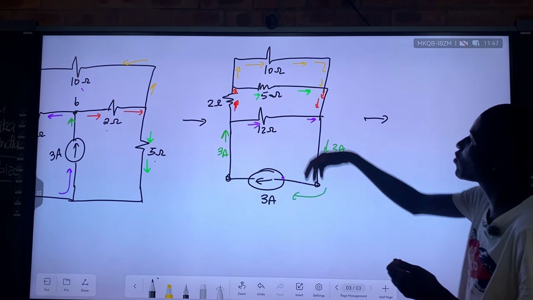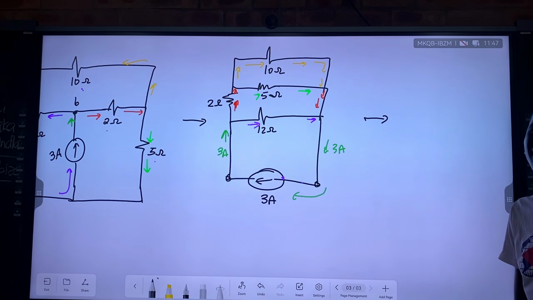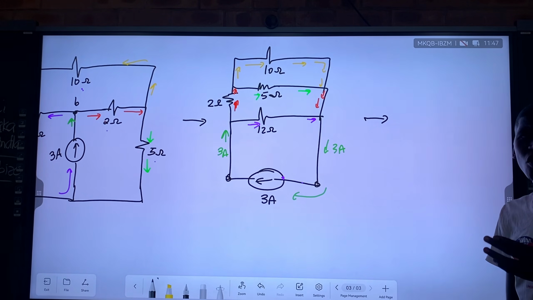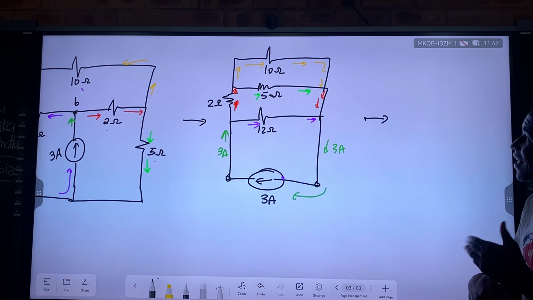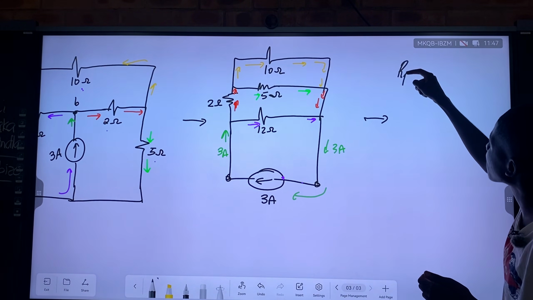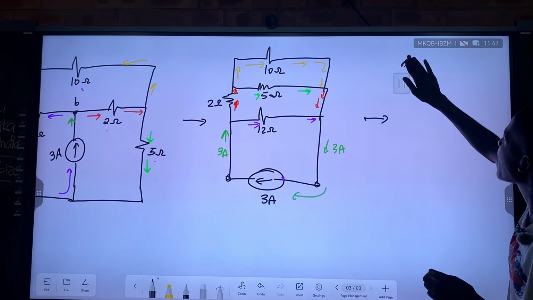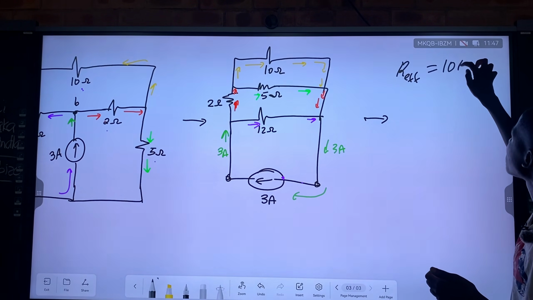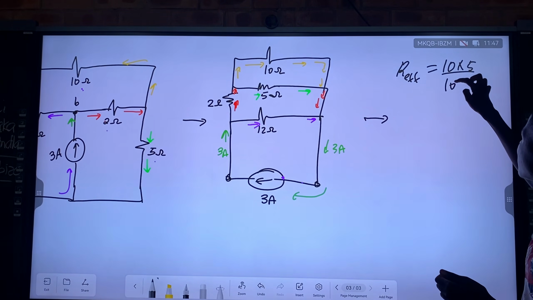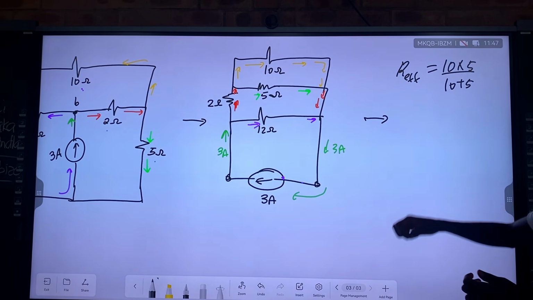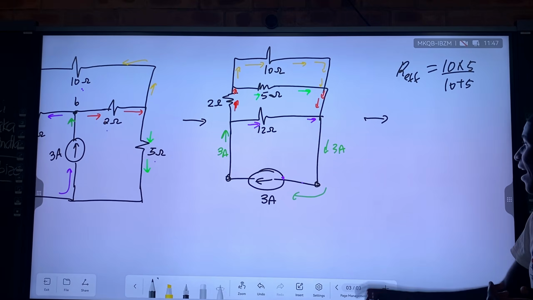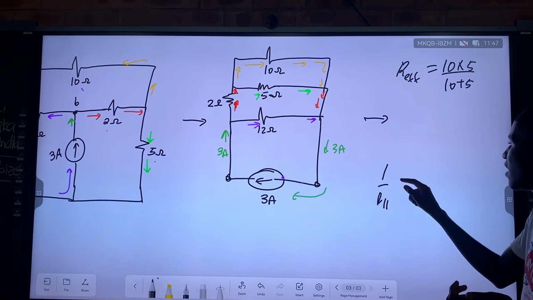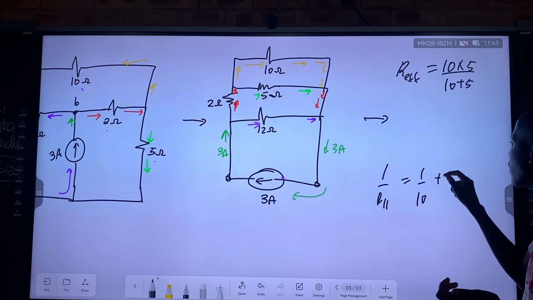If I combine the 10 and 5, since they are in parallel, the parallel combination R parallel is going to be 10 times 5 over 10 plus 5, because they are parallel. It's like saying 1 over R parallel equals 1 over 10 plus 1 over 5.